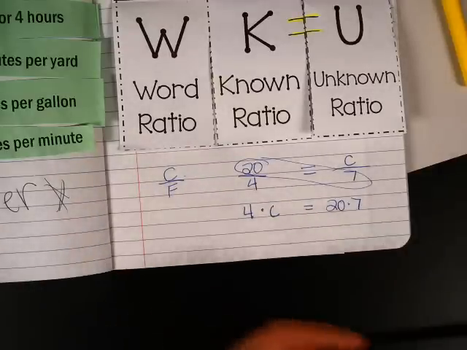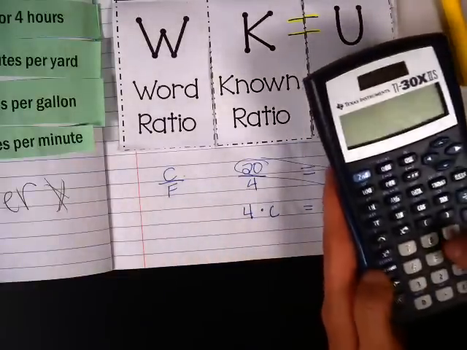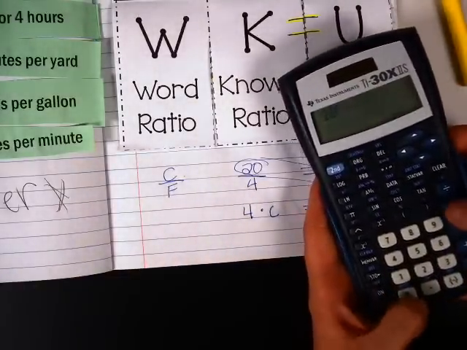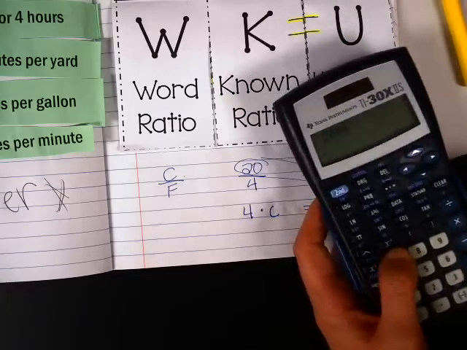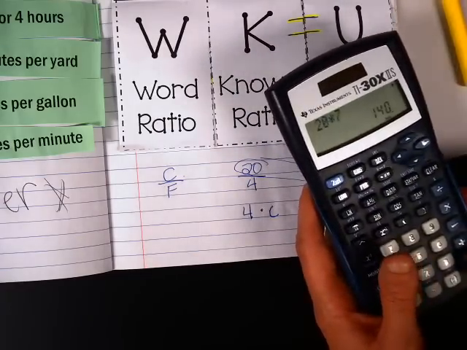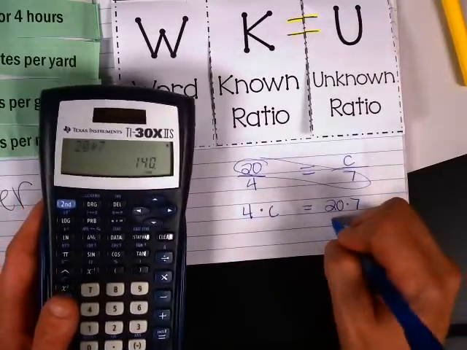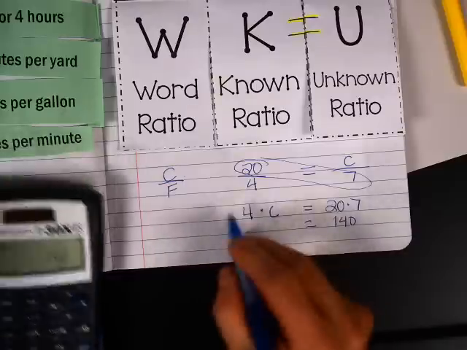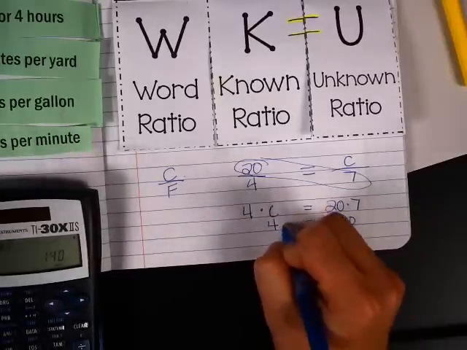Do I know what that is? I do if I have a calculator. Let me turn it on. 20 times 7. And I get 140. And then again, I don't know what that is, so I'm just going to drop the sign.